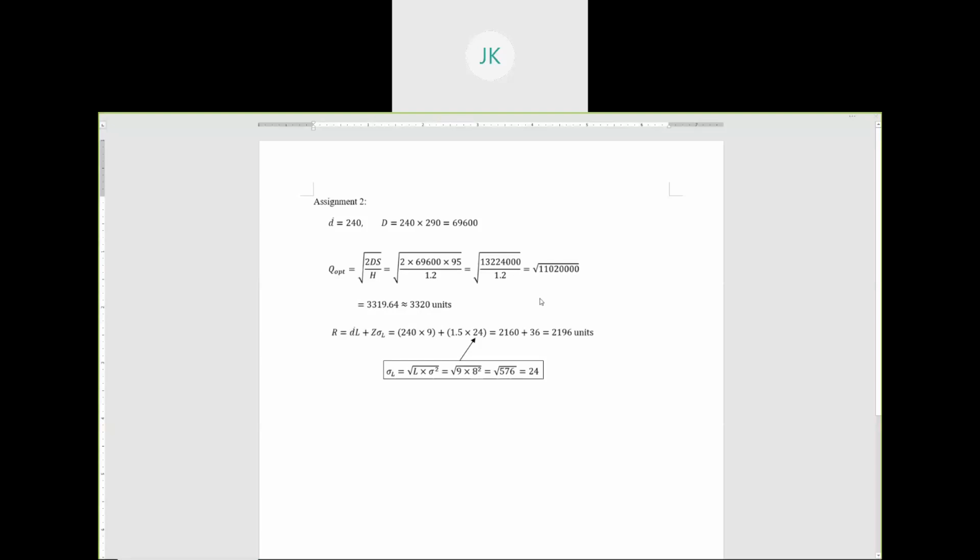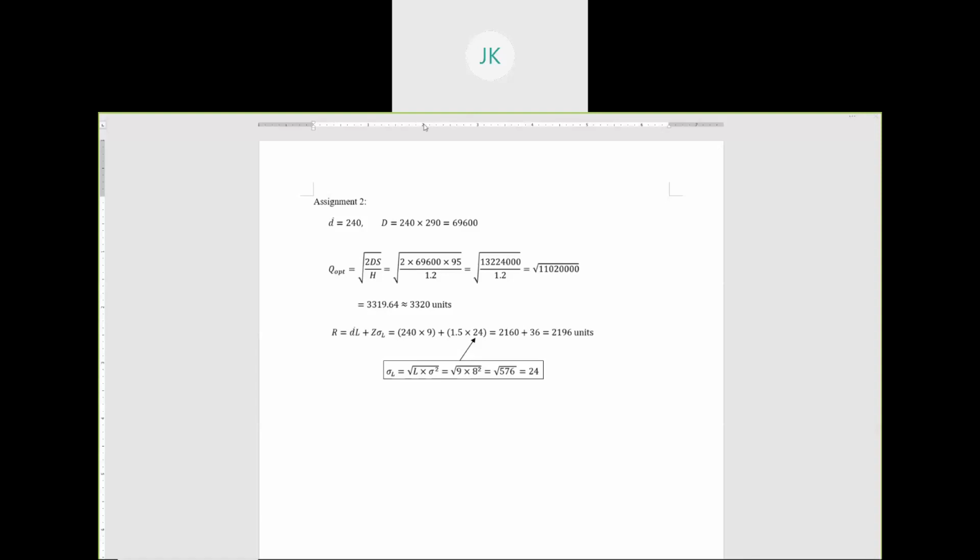And then this one is the safety stock model. Using the safety stock model, we get the reorder point. This is the reorder point model: demand during lead time plus safety stock. To get safety stock, you need the standard deviation during lead time, that is the square root of lead time times standard deviation squared.